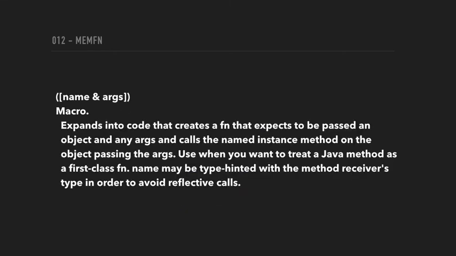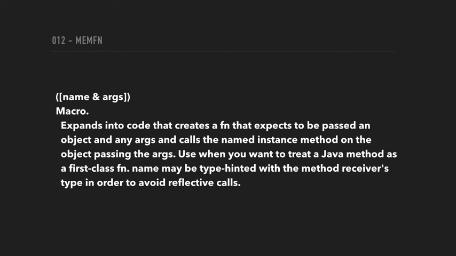Let's quickly check the Clojure doc, which essentially explains that memfn generates a function that expects a target object, and when you invoke memfn, you pass the name of an instance method that should be invoked on that target object once you invoke the generated function.